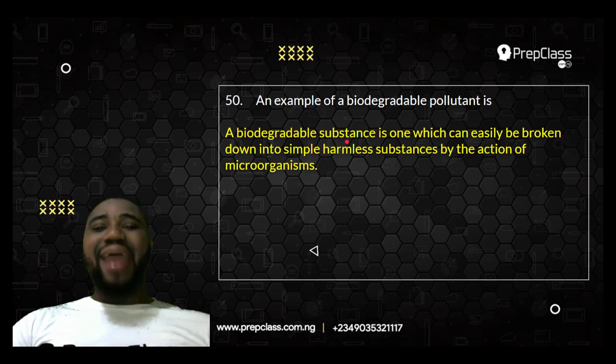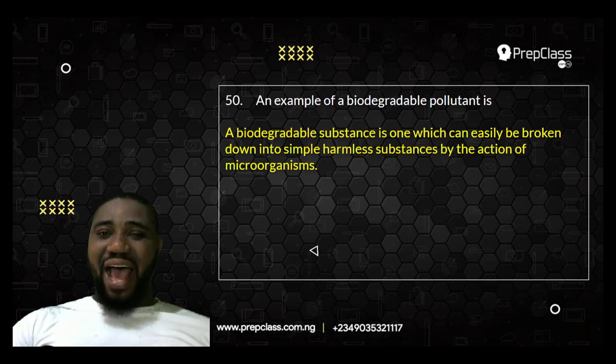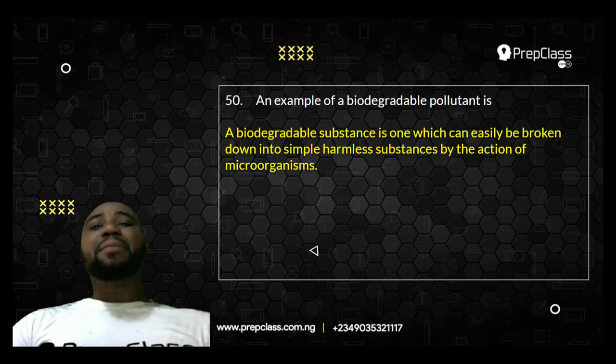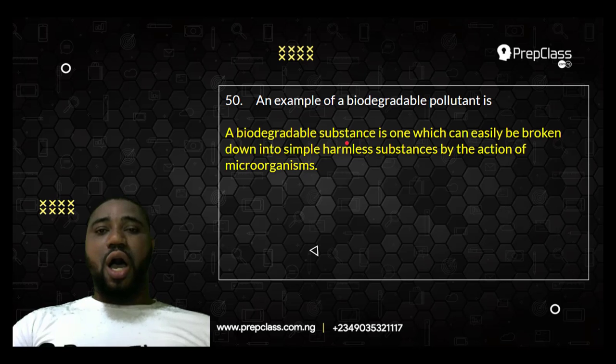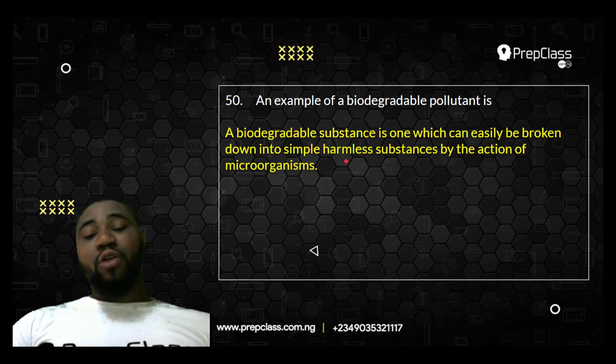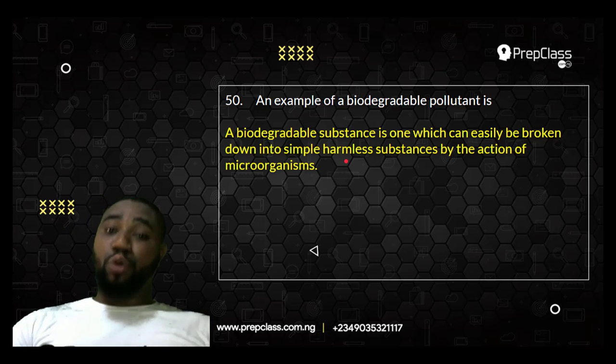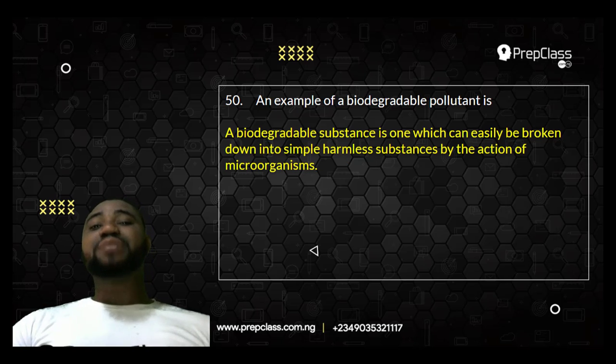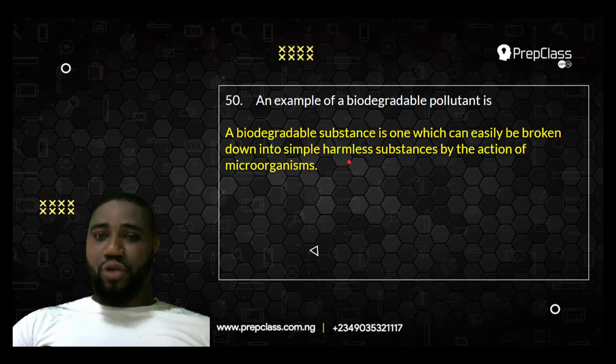What happens? Microorganisms like denitrifying bacteria, Nitrosomonas and Nitrobacter can easily break down the undigested protein in them, because sewage is an undigested food substance. They break it down into simple substances like urea and ammonia.